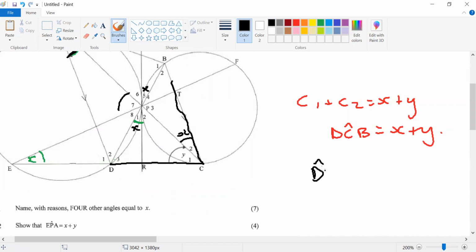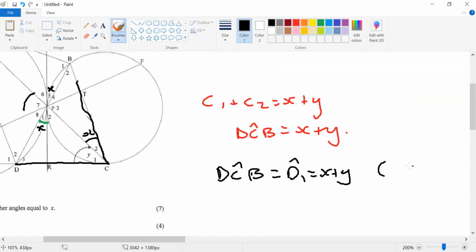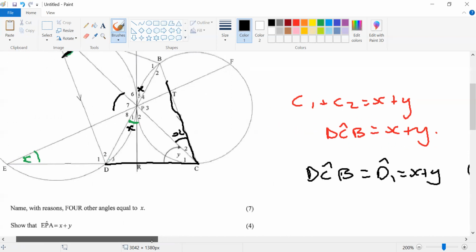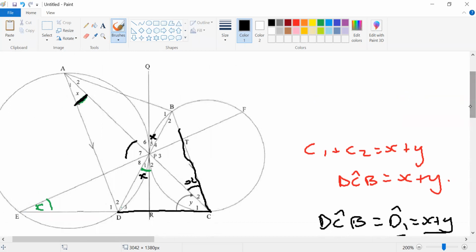So angle DCB is equal to angle D1, which is equal to x plus y. And the reasons for that is corresponding angles. And just make sure you put in the lines that are parallel, right? And because we know that D1 is equal to x plus y, let's see if we can get D1 equal to anything else. We know we need to solve for P7.